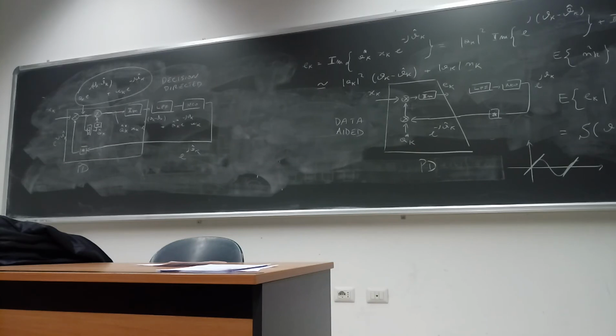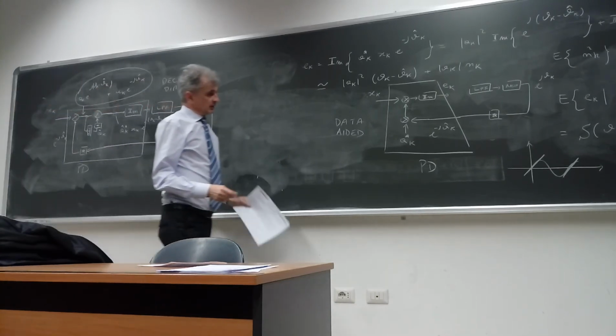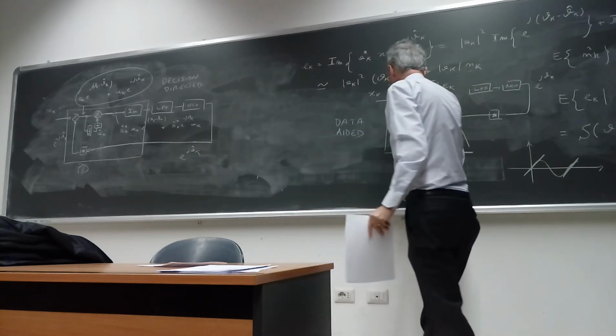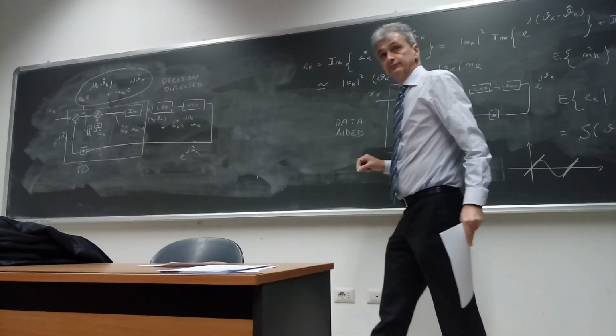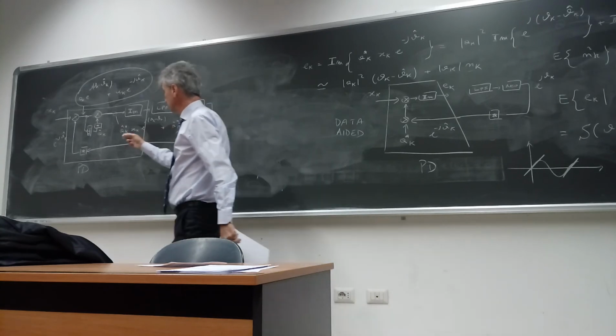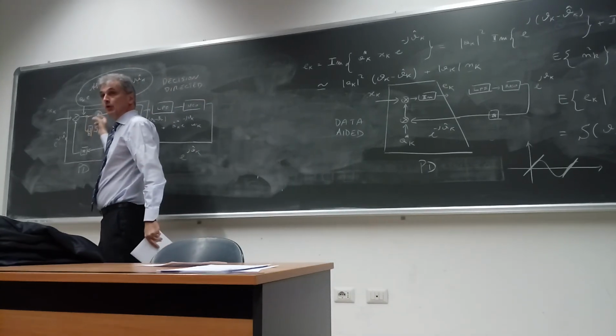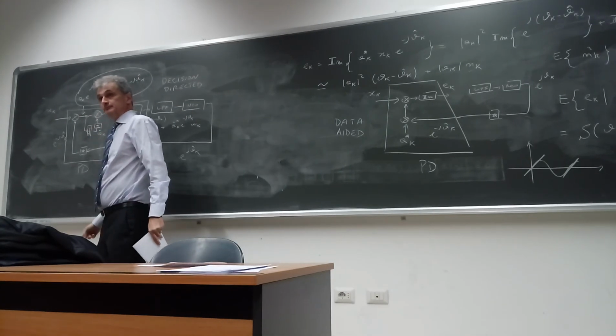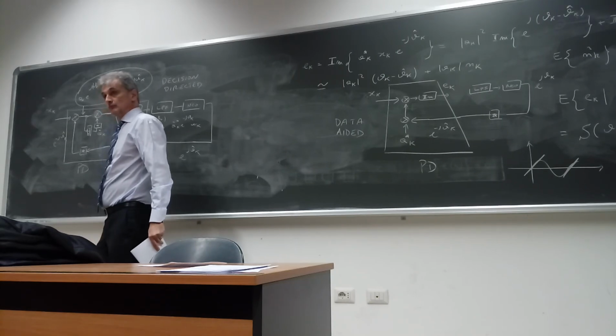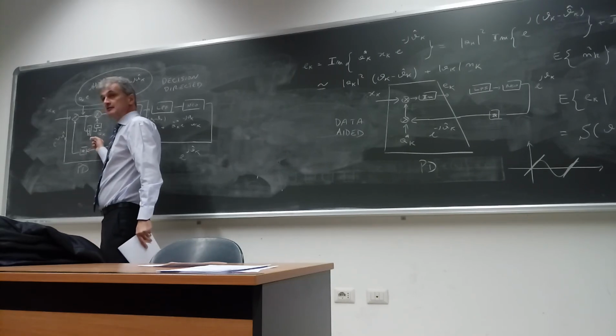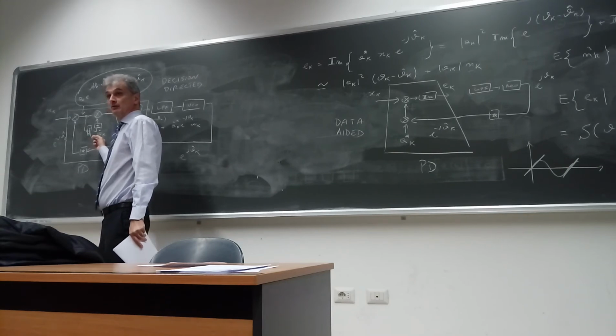Then, if I start from an estimate, suppose that at time 0 I have a good estimate of theta, that I have estimated thanks to the training sequence, and then start the decision directed mode. Of course, this system works if the probability of error is small.